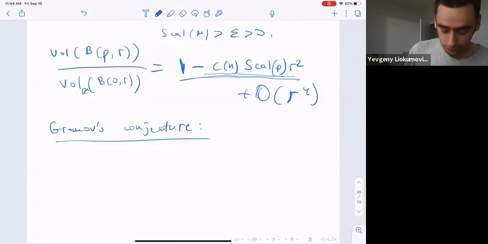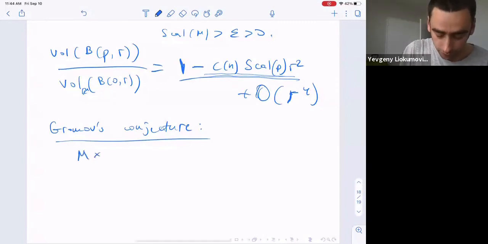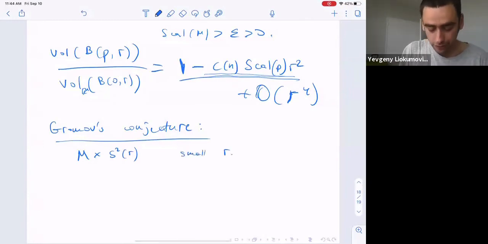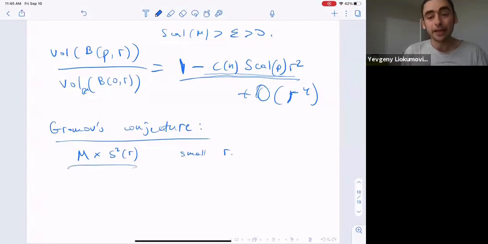If you take any manifold whatsoever and multiply it by S2 of small radius r, then you will make its scalar curvature positive.